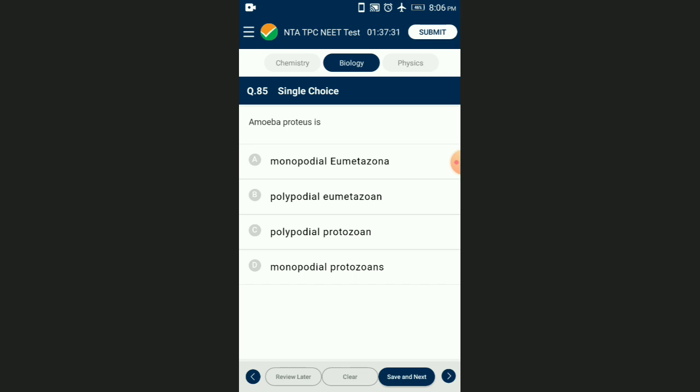They are formed as a result of liquefaction and flowing forward of the amoeba cytoplasm. Amoeba proteus is a polypodial species because many pseudopodia are formed simultaneously. So the answer is option C, polypodial protozoan.